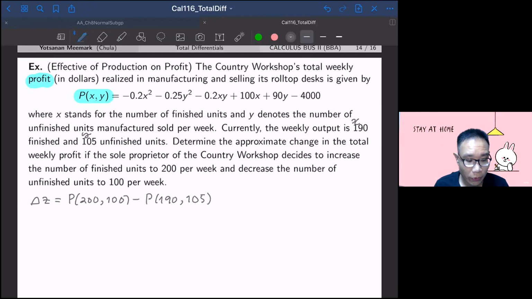You see that it's difficult to evaluate, so you need the approximation dP.